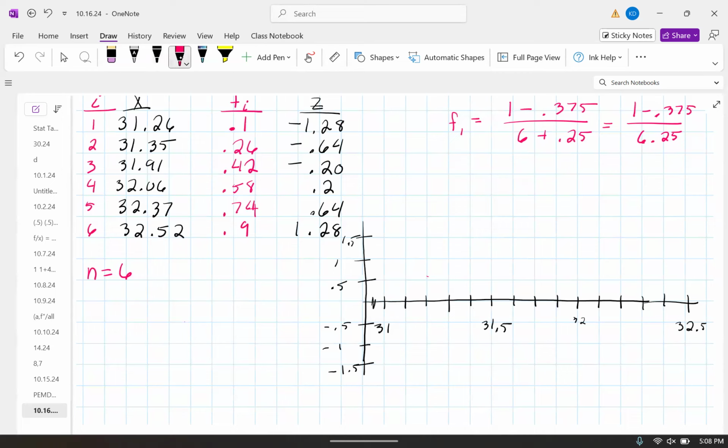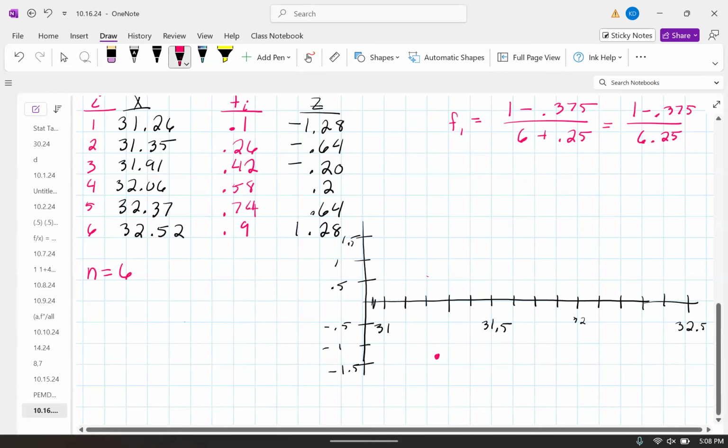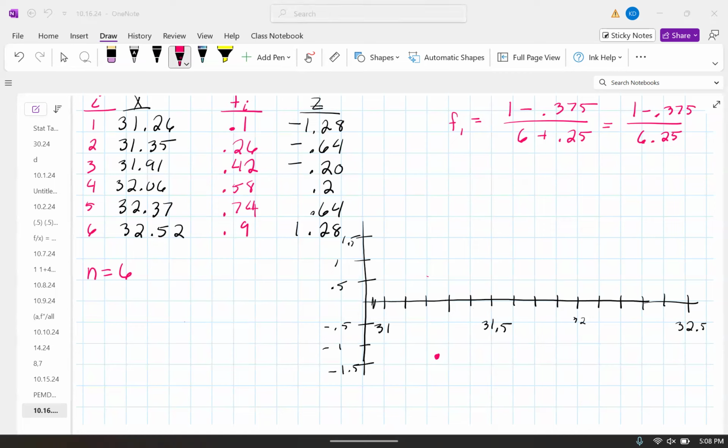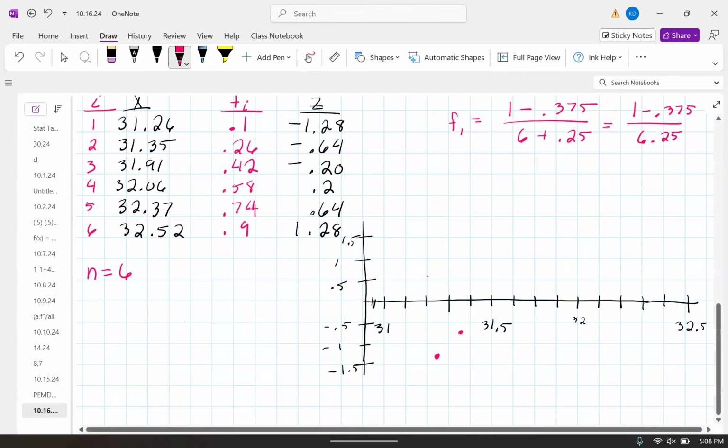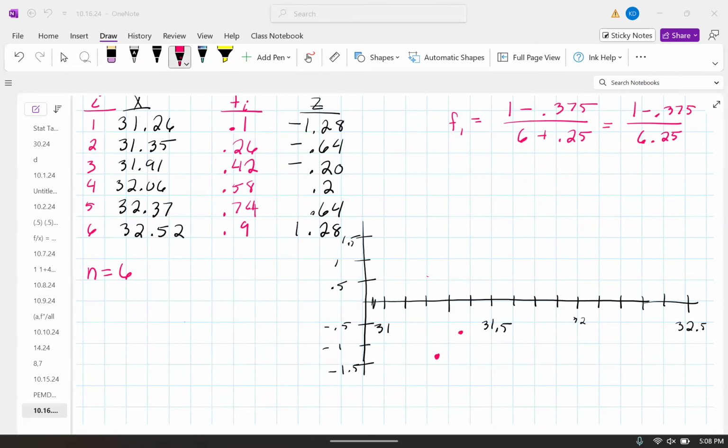All right, so my first data value is 31.26, so here-ish, and we get a negative 1.28. So here is my first ordered pair. Second one, I get 31.35 and negative 0.64, so we'll call it here. Next data value, did I put them in the right spot?